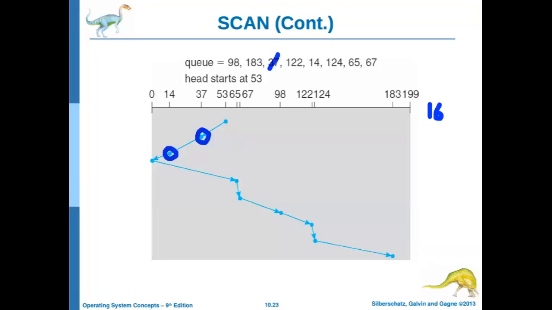And the movement required is 37 minus 14. That gives us 23. Now even though you see here 0 is there, this is not in the request. This is just used to denote that we have reached the end. Okay. Now it will change the direction.